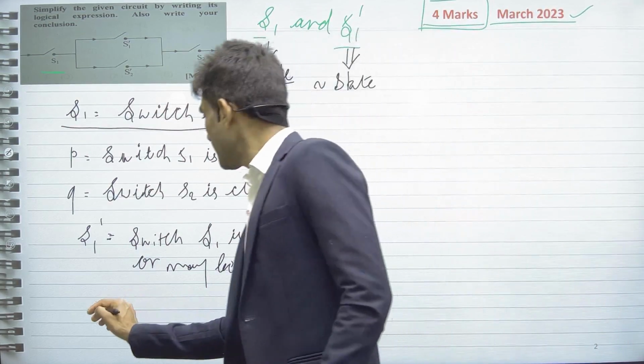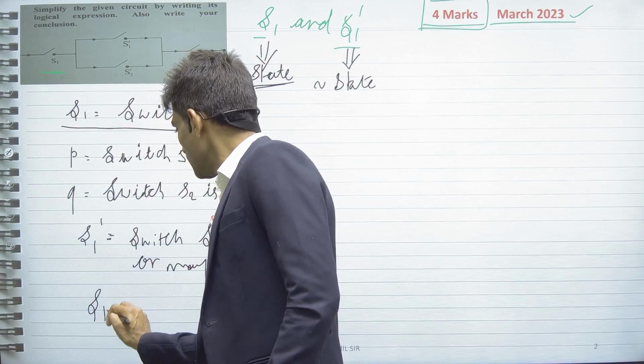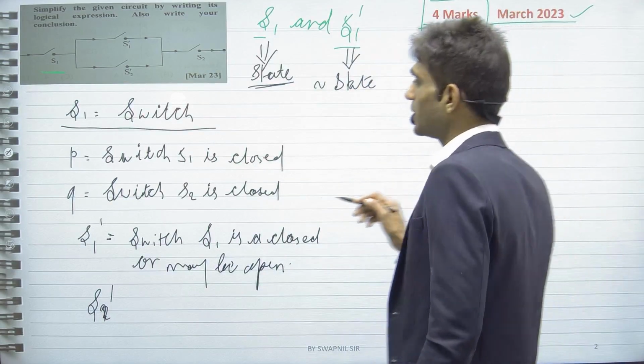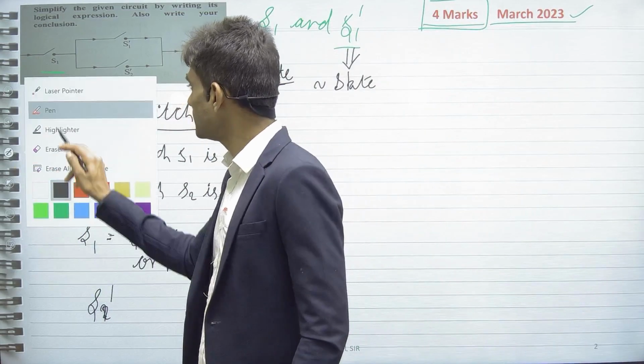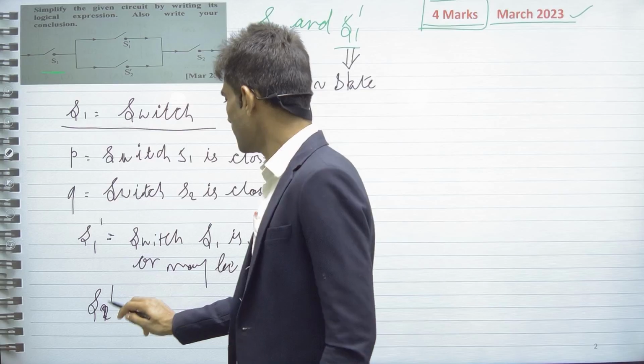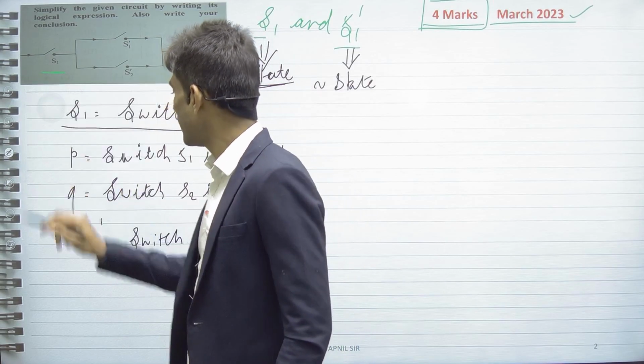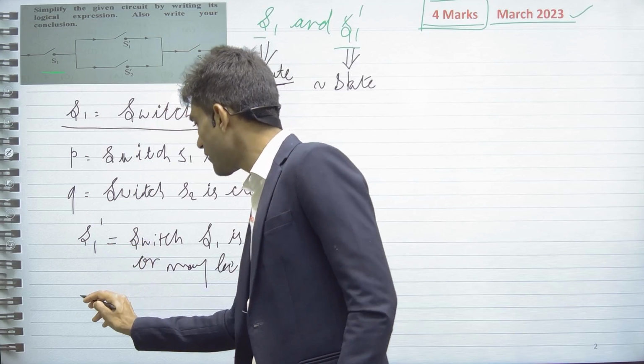Similarly for S2 dash. S1 and S2 represent the statements P and Q, so you have to mention what switch S1 represents and what switch S2 represents.